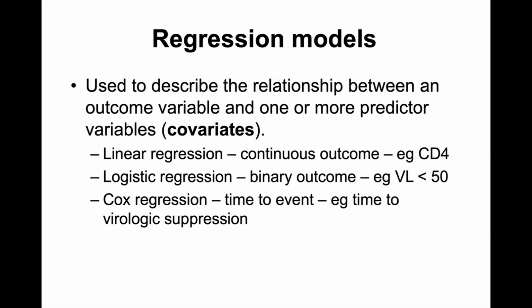And then there's even more if you want me to go on. Like if it's a rate, it's Poisson, if you've heard of Poisson regression. So all of the different types of regression are based on what type of variable your outcome is. And so let's pick logistic regression. That's the most typical one done, for example, in a master's, because it's a binary outcome.